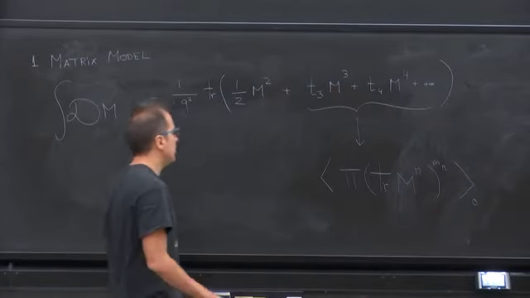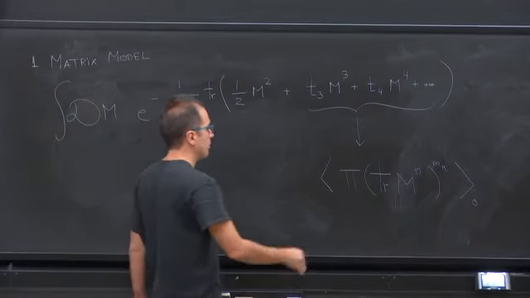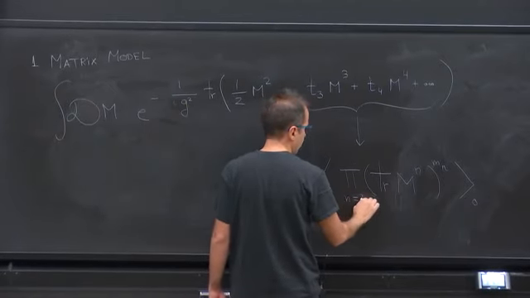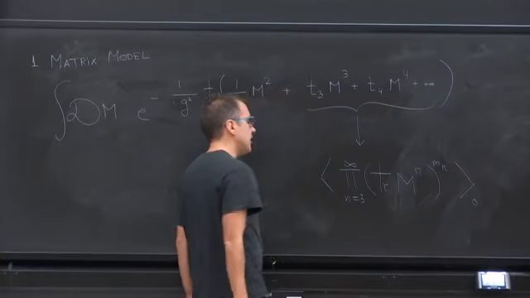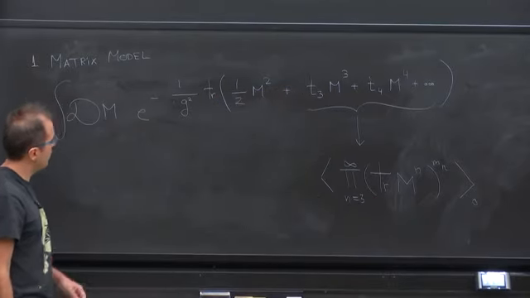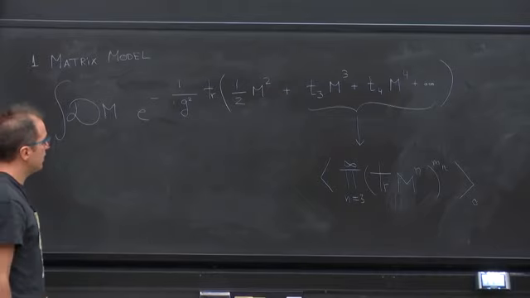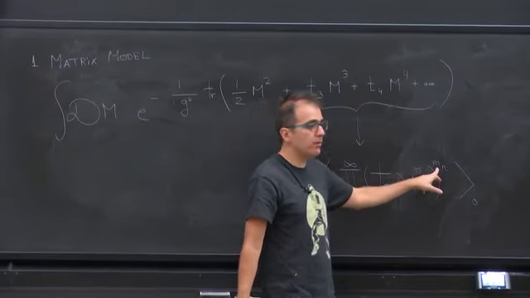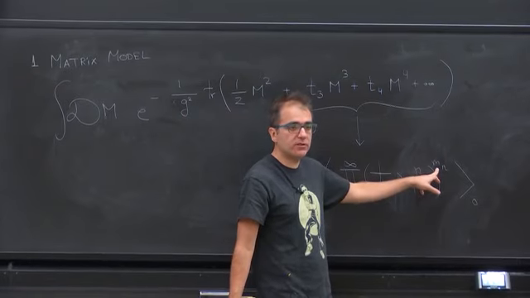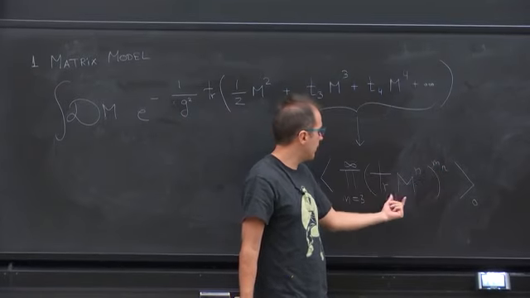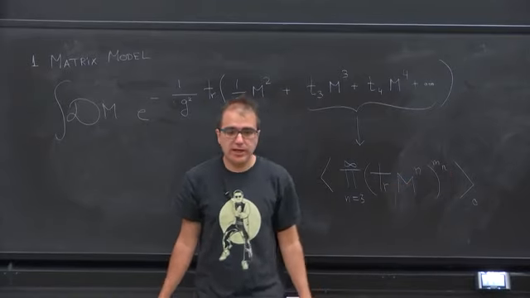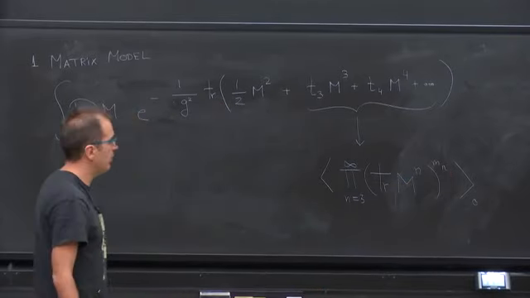So we would have to compute this expectation value. I would make a product from n equals 3 up to infinity of some objects like this, right? We did a few cases where we only had n equals 4 once, so this m would be 1 for n equals 4 and 0 for everyone else. And we did one case where we did 2 traces of m cubed, so this would be 2 for n equals 3 and 0 otherwise.